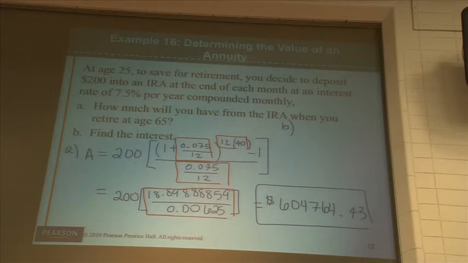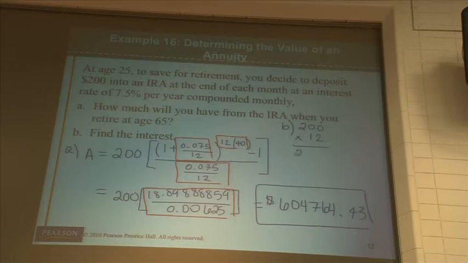Okay. For part B, you have to be a little bit clever. How much are you depositing every month? $200. And if you deposit $200 a month, that means 200 times 12 gives you how much you deposit in a year.